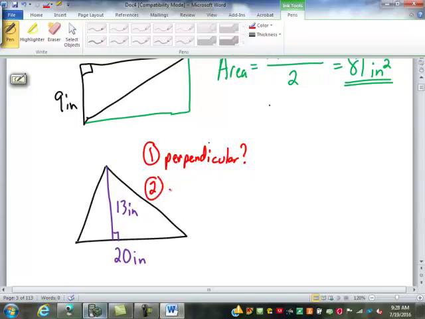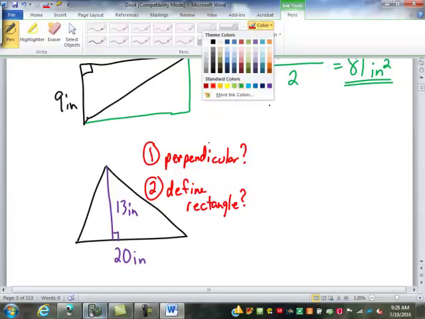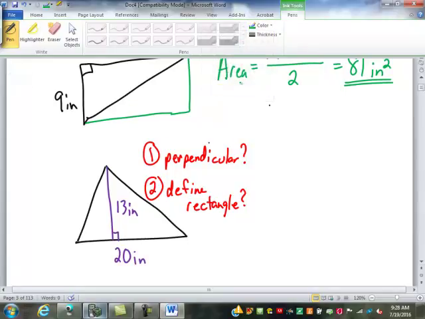The second question is, do they define a rectangle? What I mean by define a rectangle is, do they define a rectangle that would contain the related rectangle that would contain this triangle? If I draw in a rectangle based on those dimensions, is one of those dimensions the length and the other one the width or the height? Yes. So they do define a rectangle.